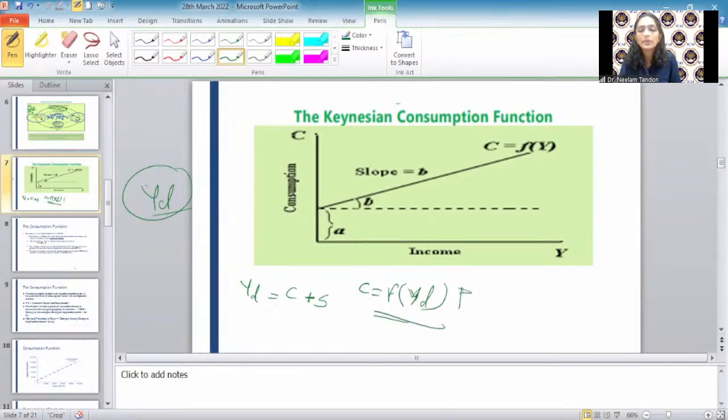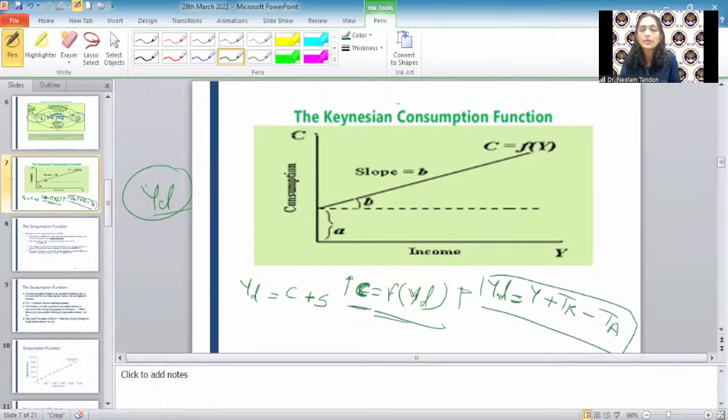Higher the disposable income, higher the consumption. And whose consumption are we talking about? Consumption of households in the economy. Overall consumption in the economy. So what is disposable income? Disposable income is income plus transfer receipts minus taxes. You remember, transfer receipts, this is what we did in national income accounting.